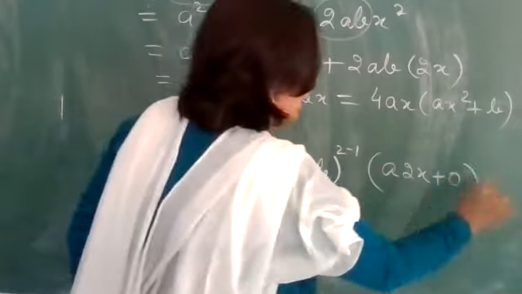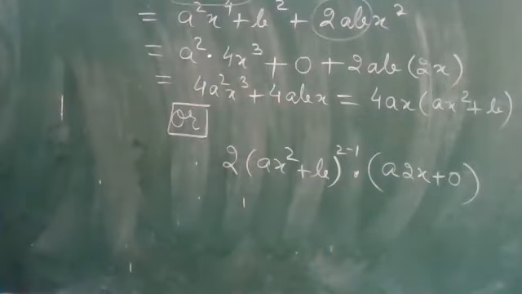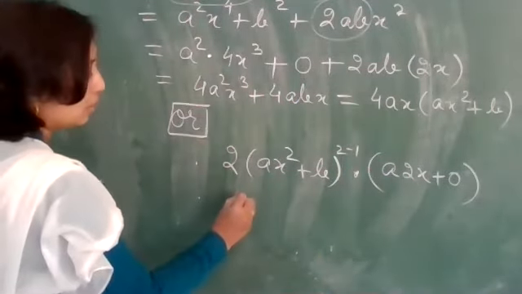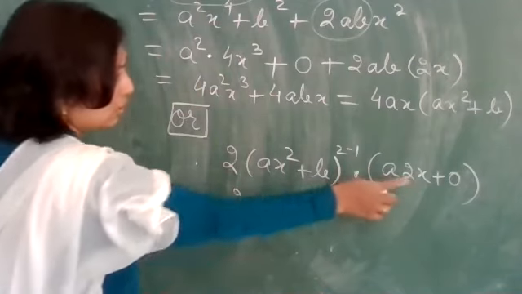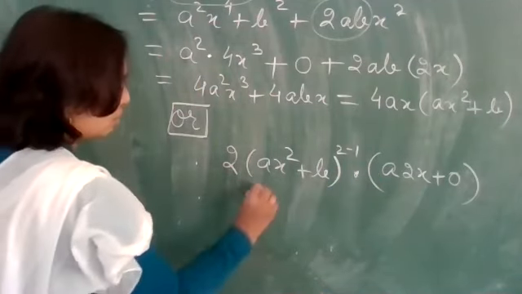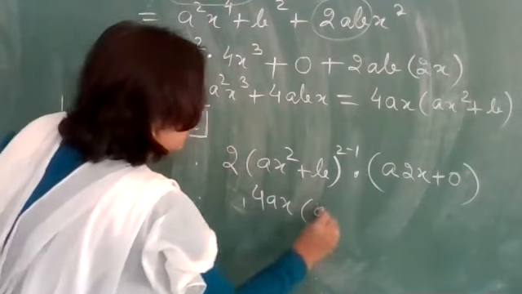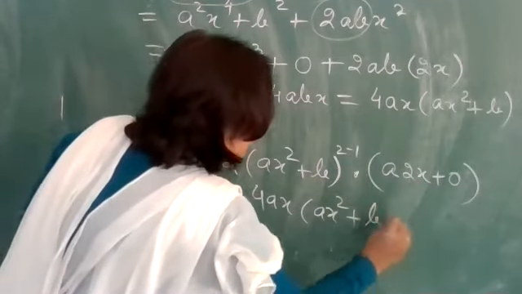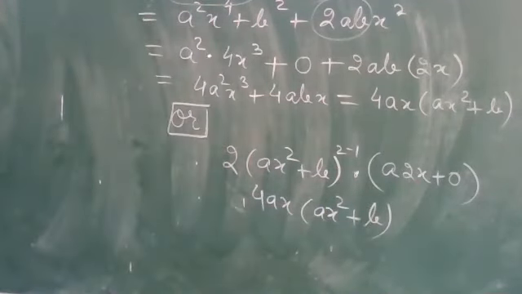So we multiply these. What do we get? 2 into 4ax into (ax square plus b).